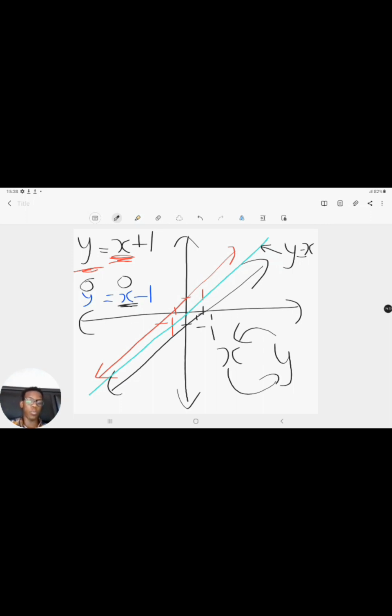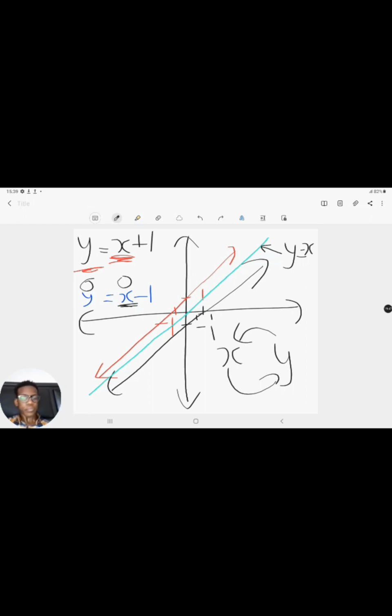Where we have y, we put in x. So when we interchange, if you remember from earlier grades, when we interchange the x's and the y's of an equation, we will end up with a reflection of the graph on the y is equal to x line. That is basically one of the laws of reflections that you would have covered in earlier grades.